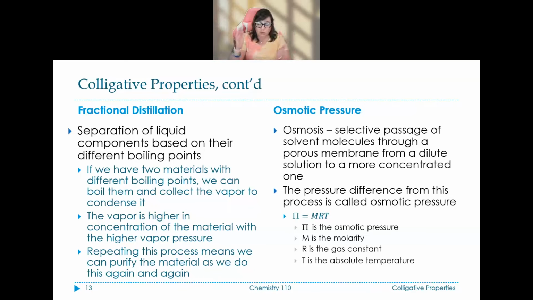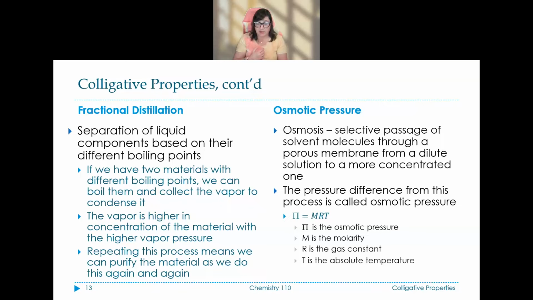We're trying to equalize those concentrations. The pressure difference that results from the solvent going this way is what we're measuring with osmotic pressure. As the solvent moves over, pressure on this side of the membrane is higher than it is on this side.